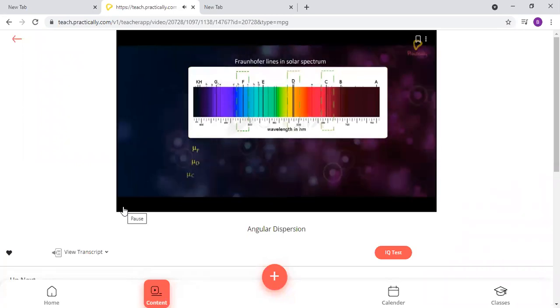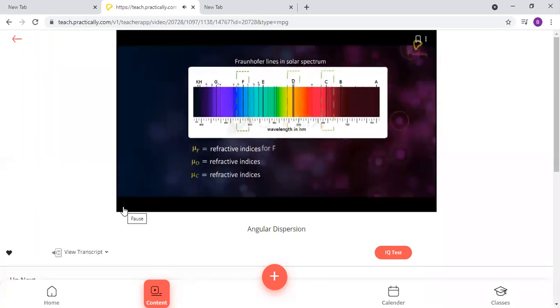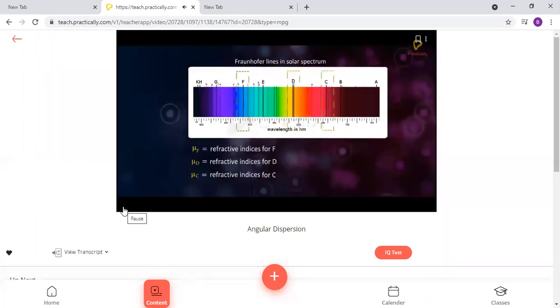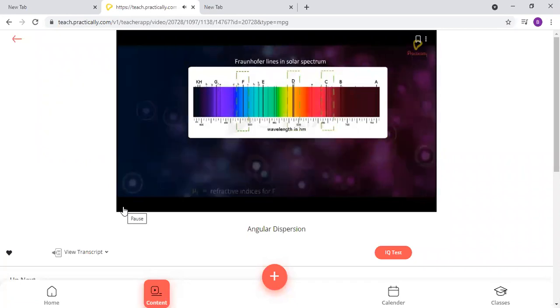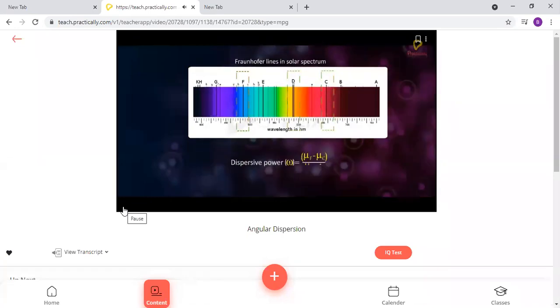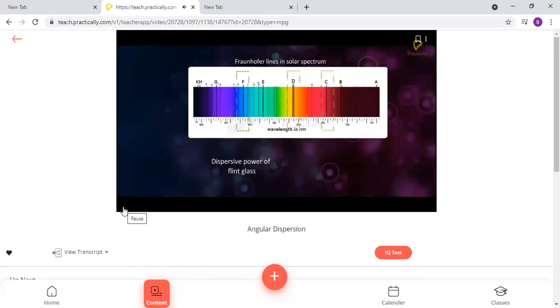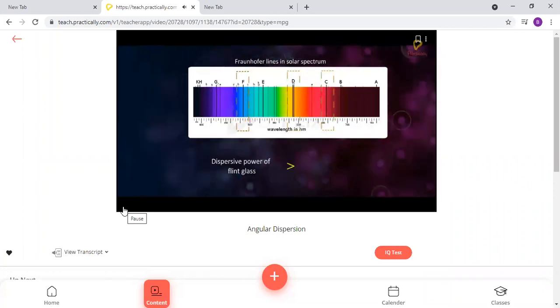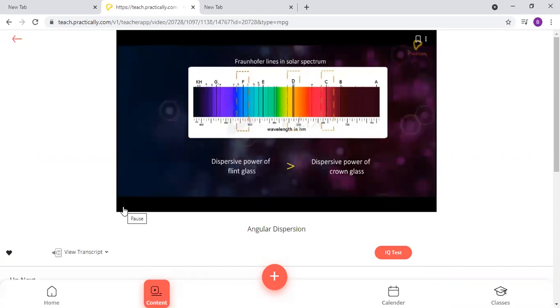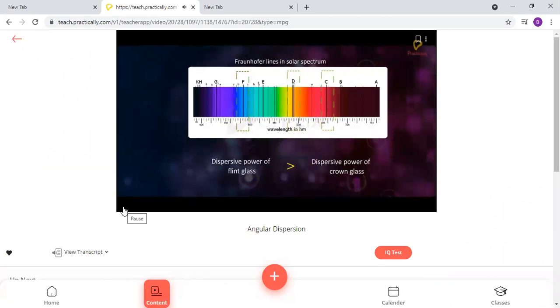If mu F, mu D, and mu C are the respective refractive indices of F, D, and C lines, then the dispersive power omega is equal to mu F minus mu C divided by mu D minus 1. Comparing the dispersive powers of flint glass and crown glass, we get that the dispersive power of flint glass is greater than that of the crown glass.